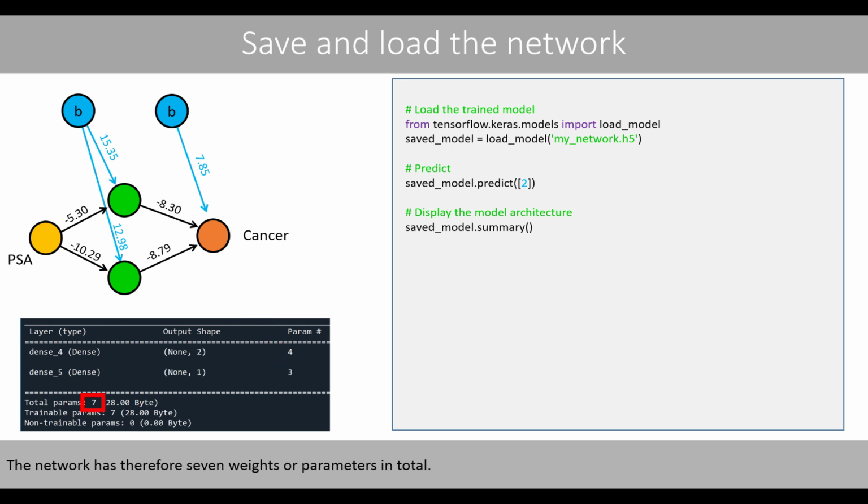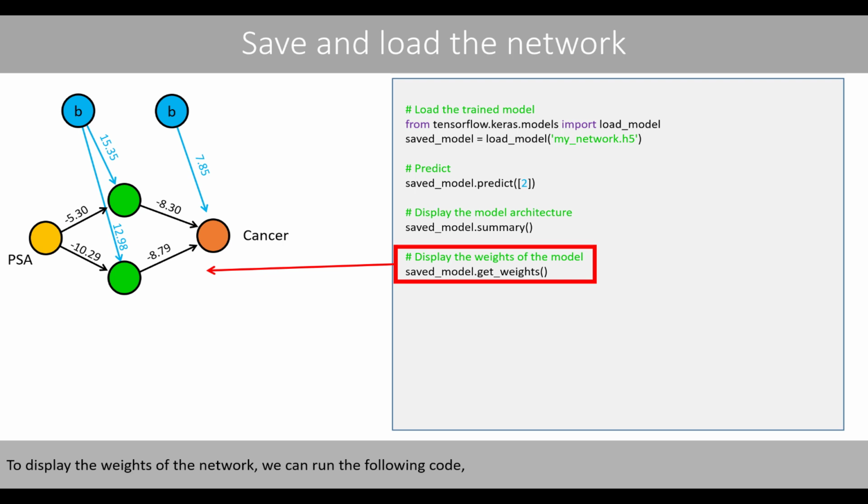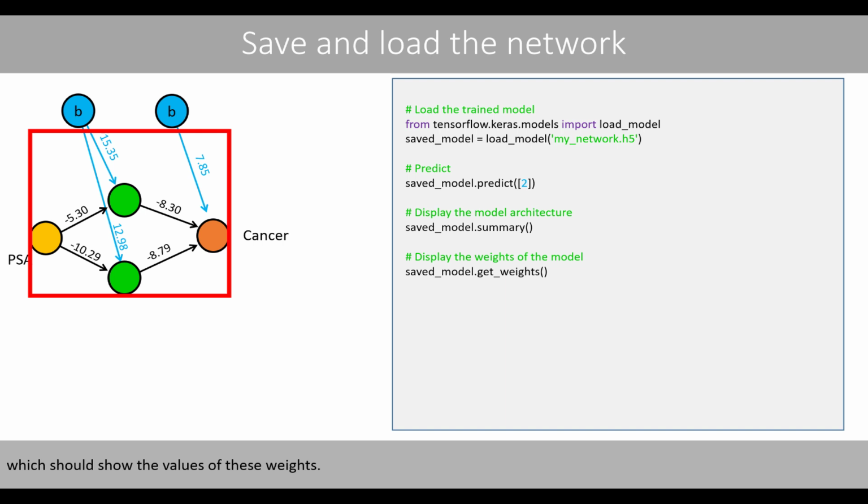The network has therefore 7 weights or parameters in total. To display the weights of the network, we can run the following code, which should show the values of these weights.